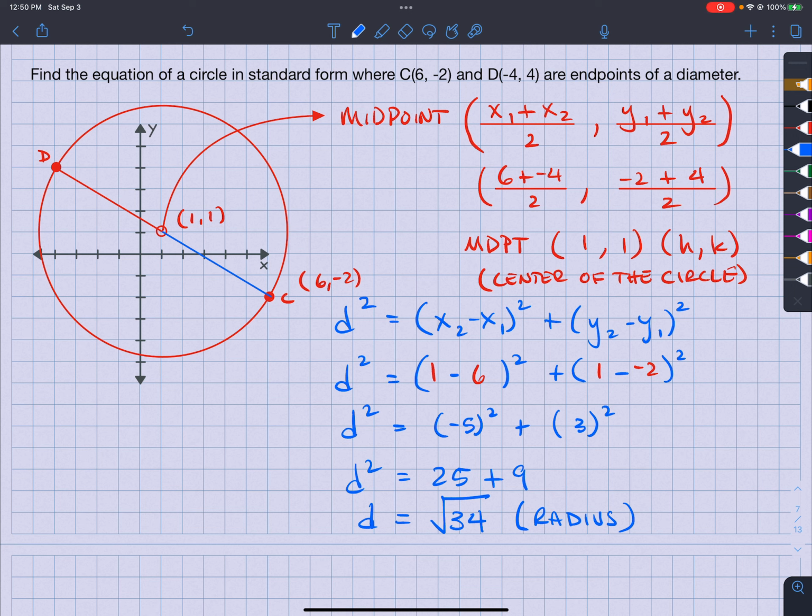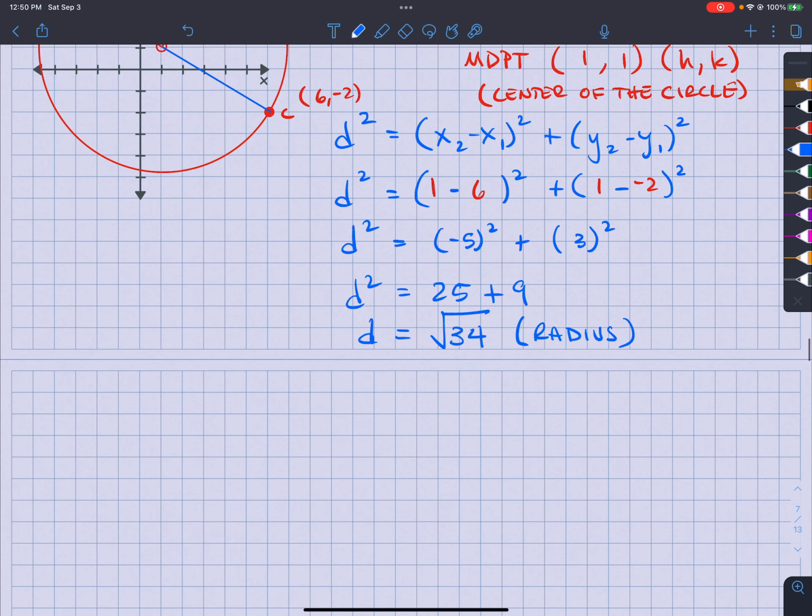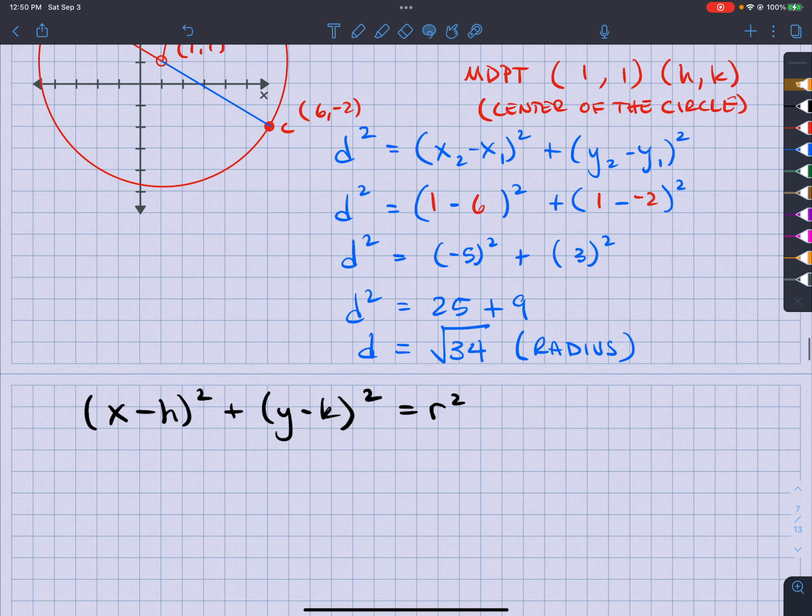Okay. So what is the standard form for the circle? Well, the standard form is going to be x minus h squared plus y minus k squared is equal to r squared. Well, I see my center is 1, 1.